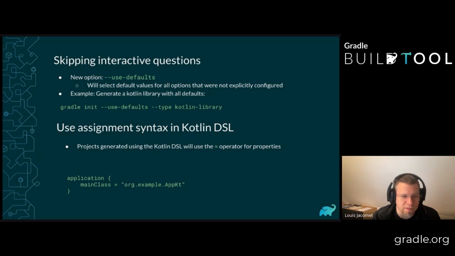And now this feature is used by build init. And so we see an example here when we generate an application. It has a main class. The main class is a property string. And so we can see that now we can immediately assign a string to that property string. We don't have to do a mainClass.set as was done in previous versions. And that's it for the build init.